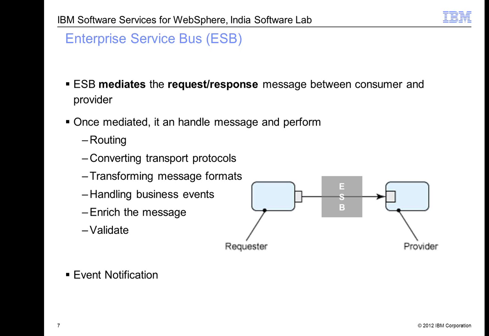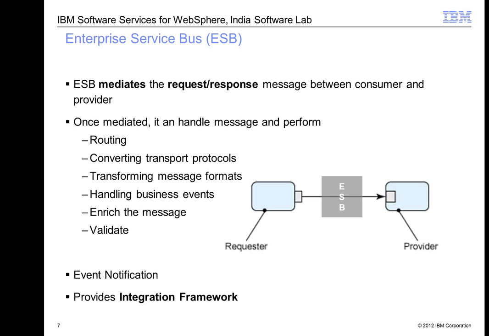The enterprise service bus can optionally validate the message. So for example, for the message that comes from the source, we want to make sure that one of the fields is not null always. That kind of validation can be done in the enterprise service bus before the data is sent to the target system. We'll get to the event notification a little later.